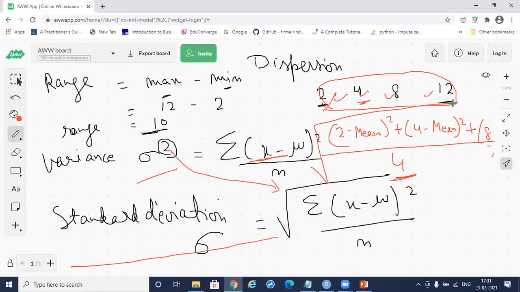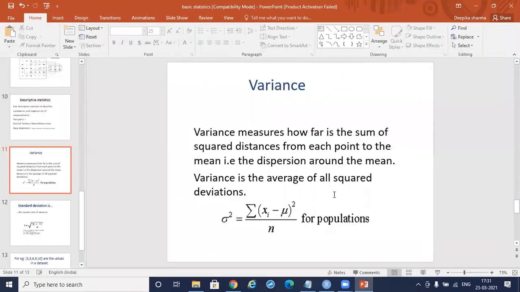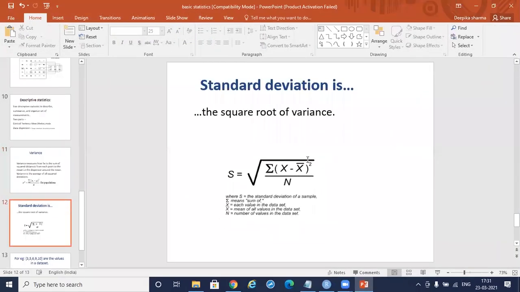The standard deviation is just the square root of it. We can take one more example to understand how variance and standard deviation work. This is the equation for the standard deviation which I described, which is just the square root of the variance.